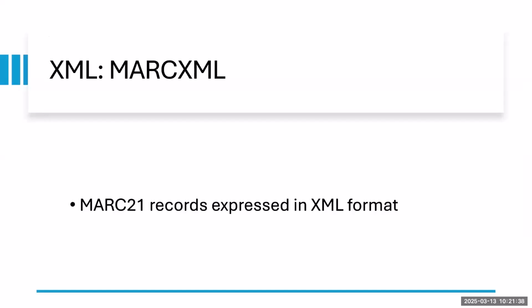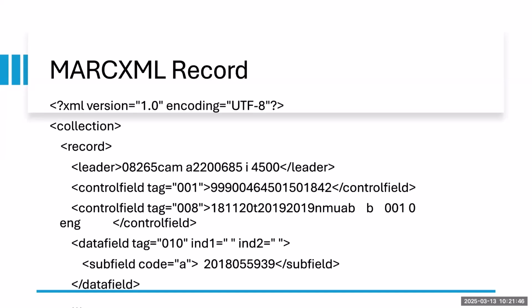And that's different from MARC XML, which is very straightforward, really. It's just MARC 21 records expressed in XML format. And if you look at this example here, starting from, I can't touch this or it'll zap to the next one.